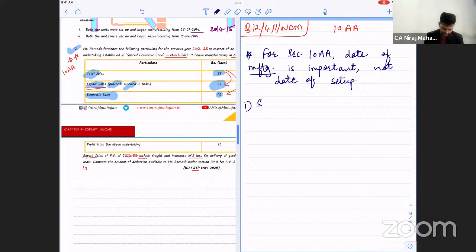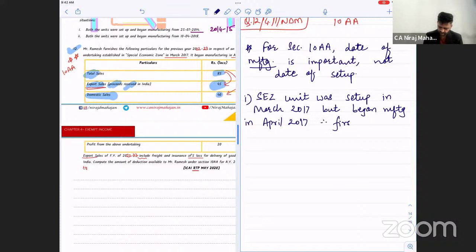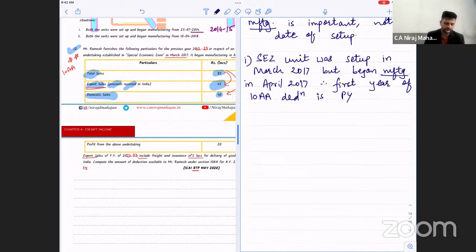First point. The SEZ unit was set up when? In March 17. But began production or manufacturing in April 17. Therefore, the first year of 10AA deduction is when? For March 17 or April 17? That is 16-17 or 17-18? 17-18.